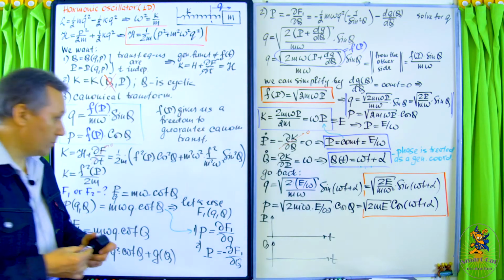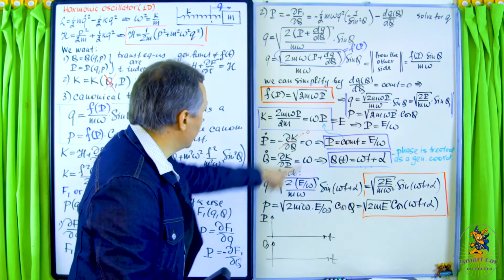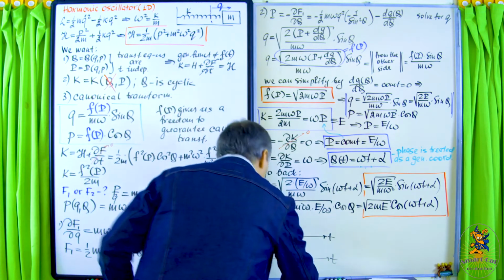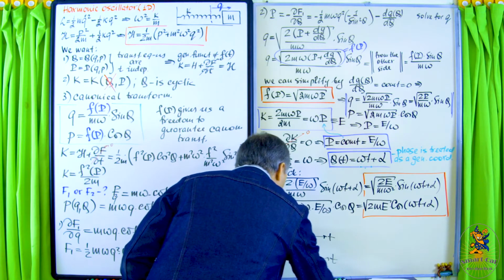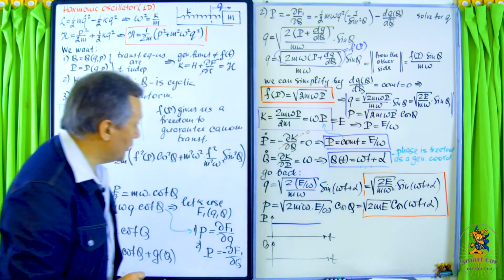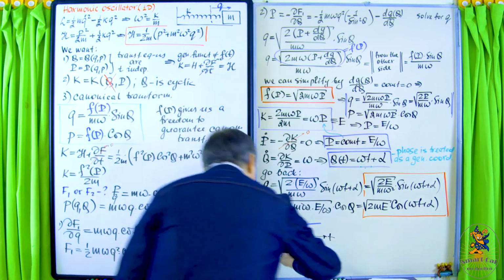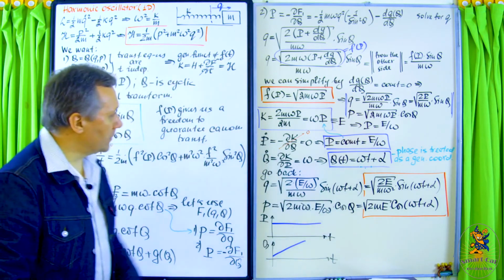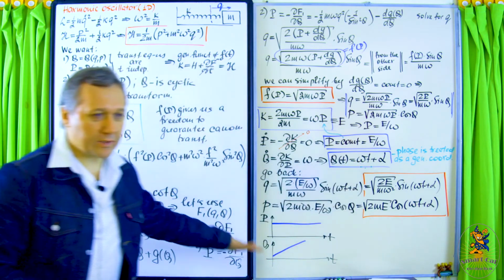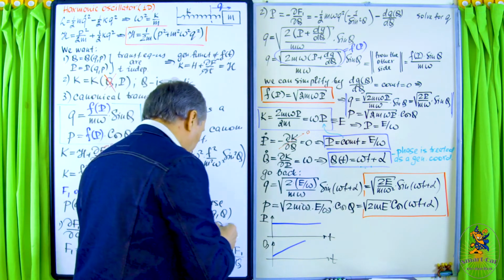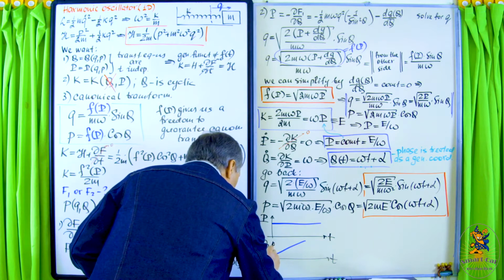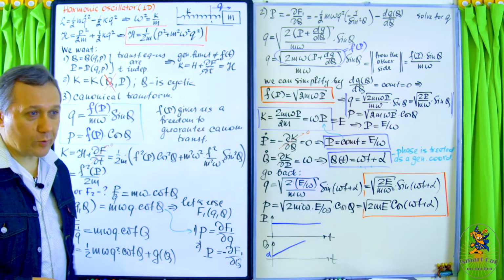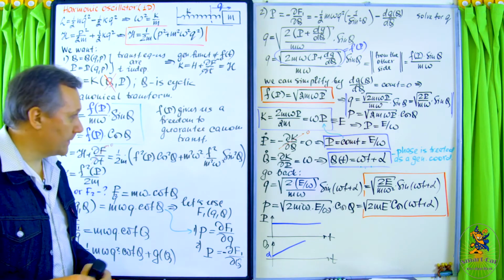Let me use blue for the new solution. P is constant, but Q grows linearly. And there is some alpha which is not zero, so it's slightly offset. Okay, this is alpha.